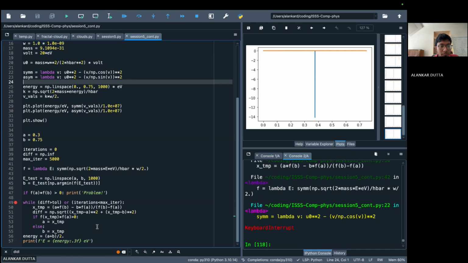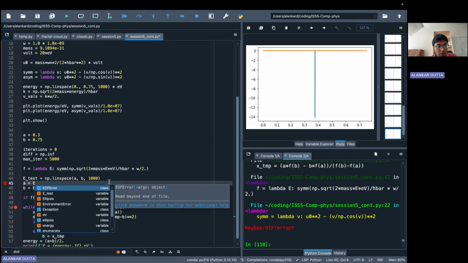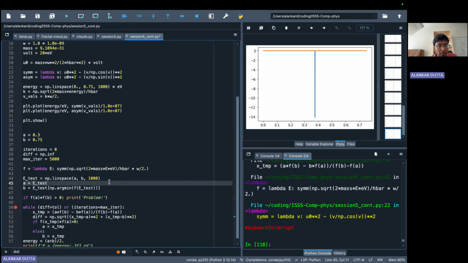Value which is... And let's have A to be the one where we have just flipping over. So that would be something which is greater than 0, right? So this is B and A should be E test.